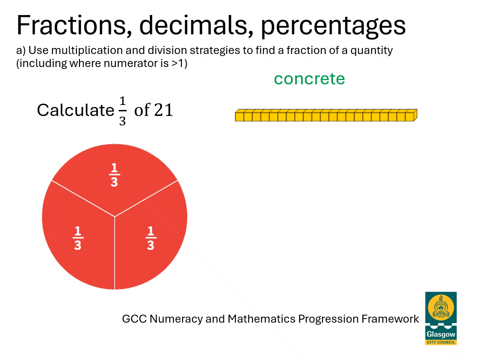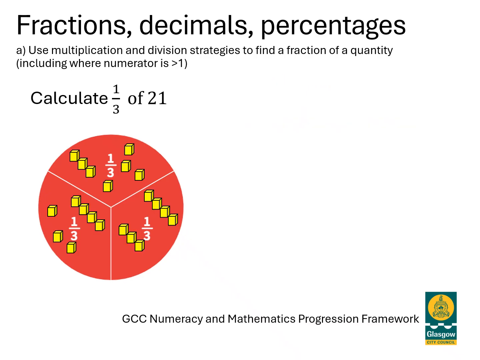If we take 21 cubes at this point and share them out between the thirds, we can quite easily come to the conclusion that 1/3 of 21 is 7, because we've managed to share out those 21 into 3 equal groups, and each group is 7 cubes.